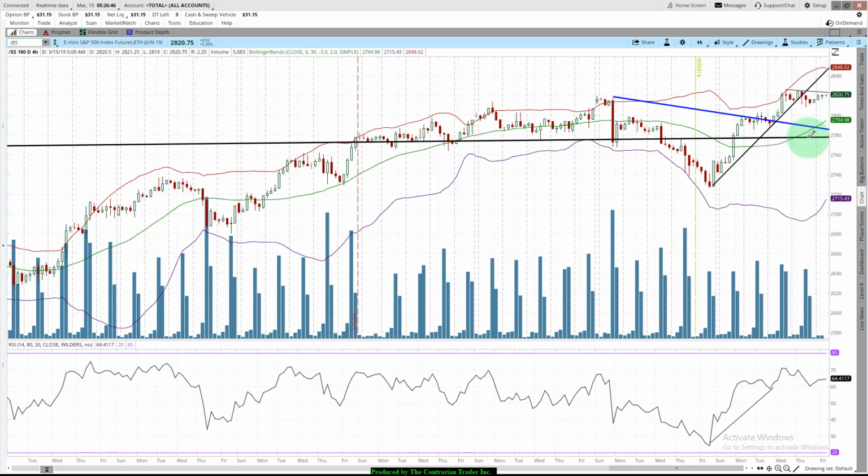And if we do break out, we can extrapolate that we'll probably see a rally up to 2840 to 2848 in that range. If we break down below key support here at the 2807 level, we'll probably come down here to 2789. So a fairly significant move in either direction if we break out or break down on the S&P 500.